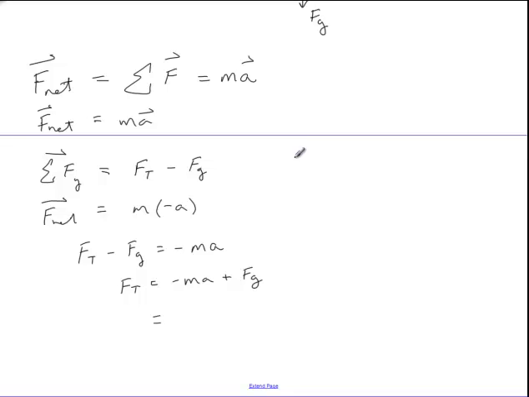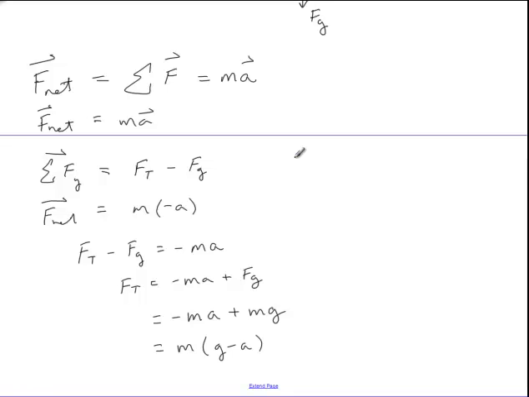So, let's make it actually super easy. Fg is mg, right? So let's rewrite this as negative ma plus mg. And I don't want to calculate mass twice, so let's factor out m. And you're left with g minus a.